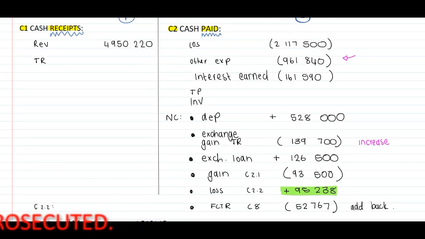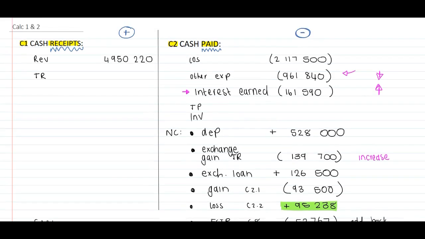Therefore, if you have your expense minus an income, it will decrease your expense. Therefore, we now need to increase the expense, and I will add this back. I know it's a negative, but our expense will increase with that amount. Remember, I prefer to include my negatives and my positives in my receipts, negatives in the paid account.